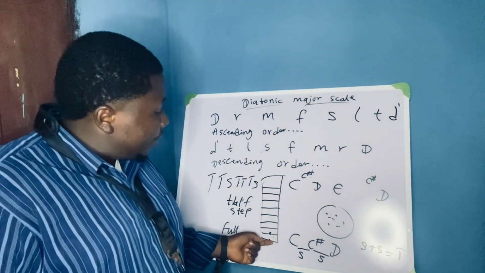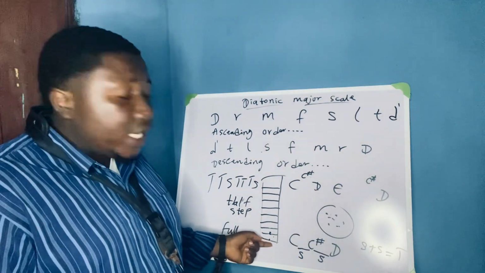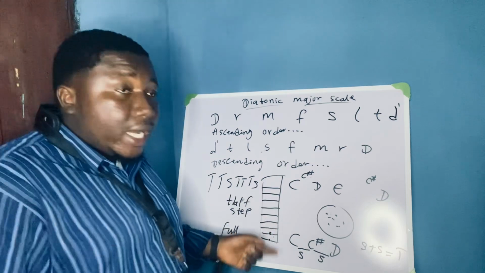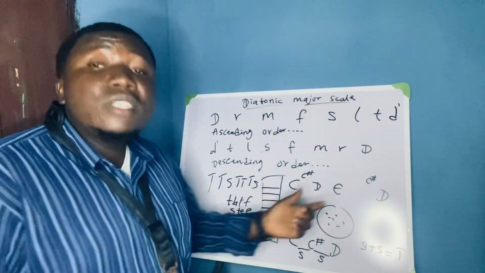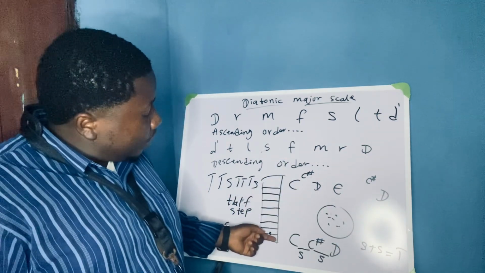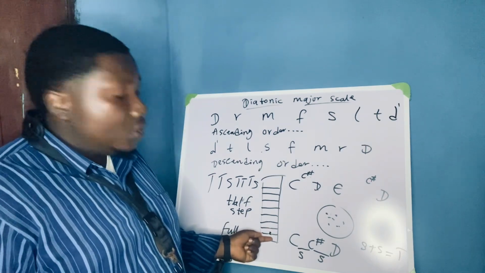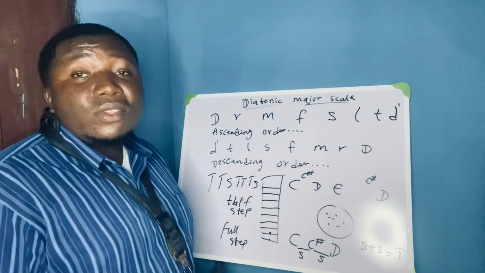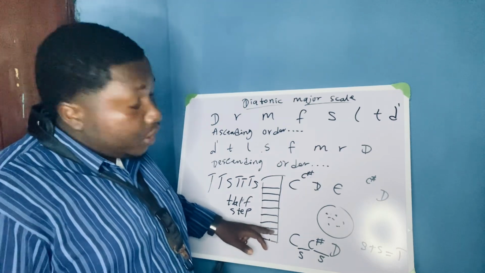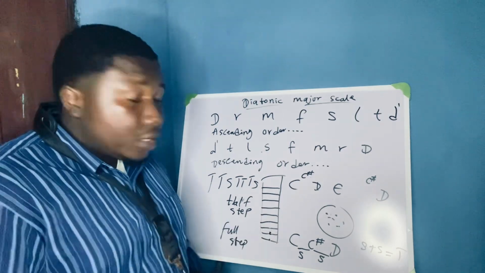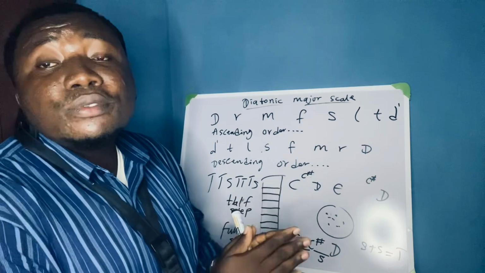But when you move from this line, from this ladder to another ladder, you're moving full step, meaning you're skipping half step to the next one. So from here to here is half step. Then from here to here is another half step. So that means 2 half steps will give us 1 full tone.